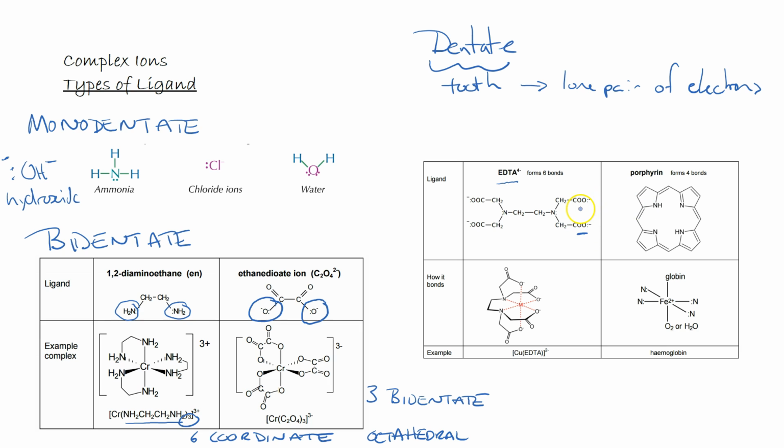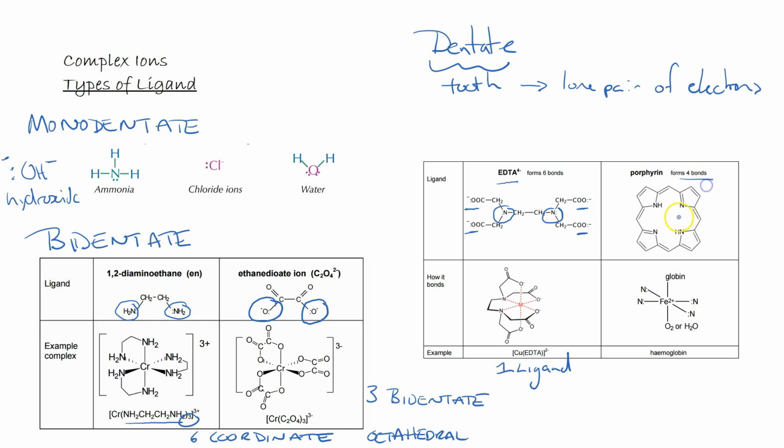We've got the lone pair of electrons on the oxygen with a minus charge, and we also have this nitrogen here. So we have 1 ligand, but we have a 6 coordinate octahedral shape for this copper complex. So this is 1 ligand, but 6 coordinate.